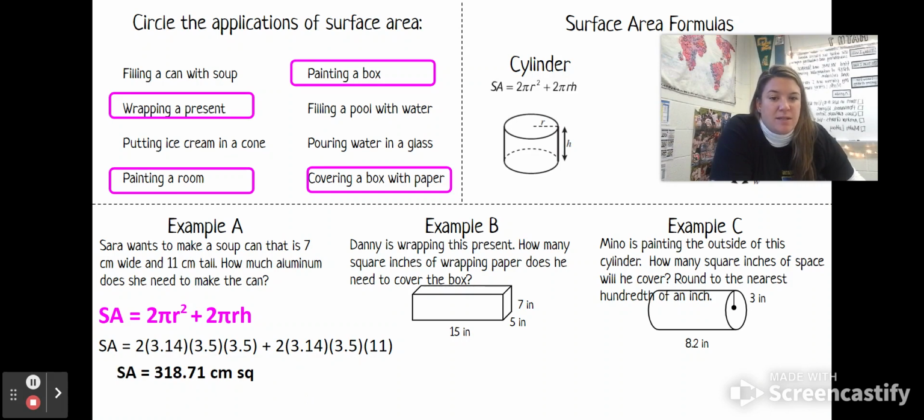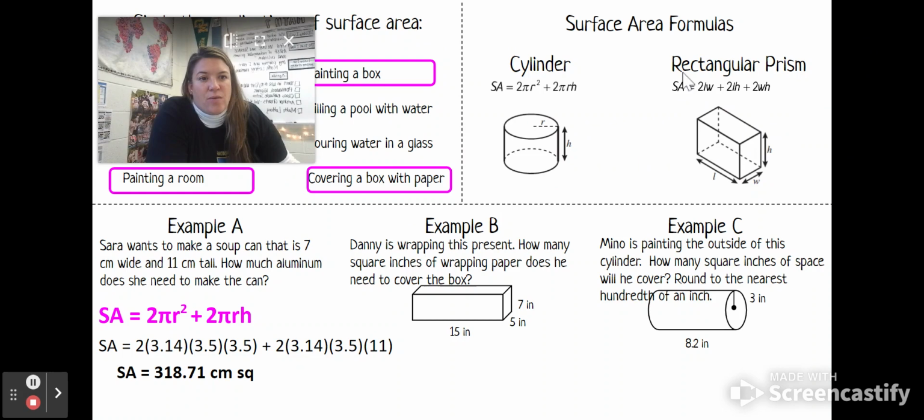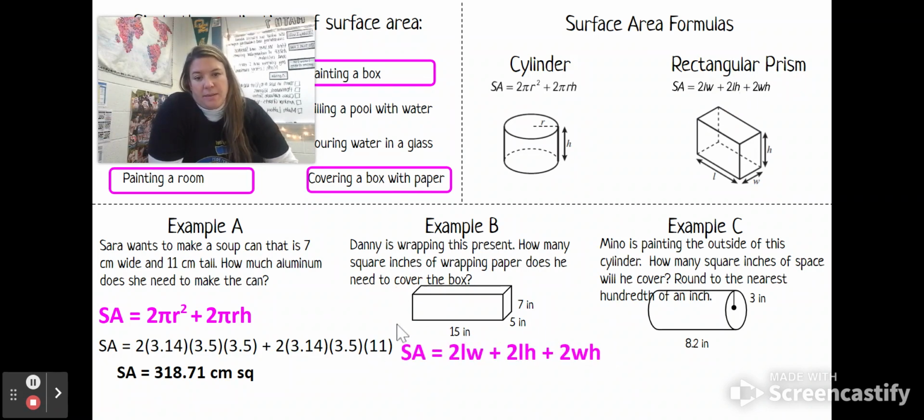Danny's wrapping this present. How many square inches of wrapping paper does he need to cover the box? Okay, this formula is over here, the rectangular prism formula. So 2 length width plus 2 length height plus 2 width height. It's a big, long formula. And now we have to enter in one number at a time for each variable.